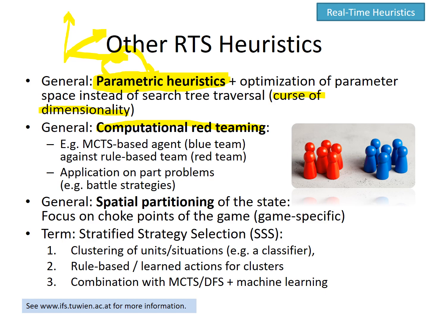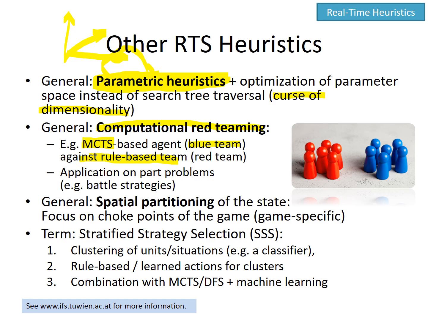And the idea of computational red teaming is that you do a structured improvement process for your algorithm, using your properly structured agent, Monte Carlo tree search, depth search, whatsoever, as the blue team, and let it run against a red team of a rule-based, greedy heuristic that implements strategies tailor-made for the particular game.